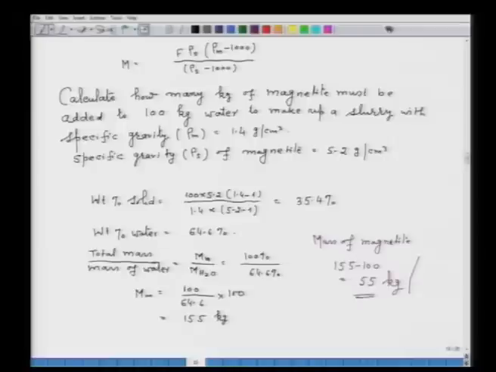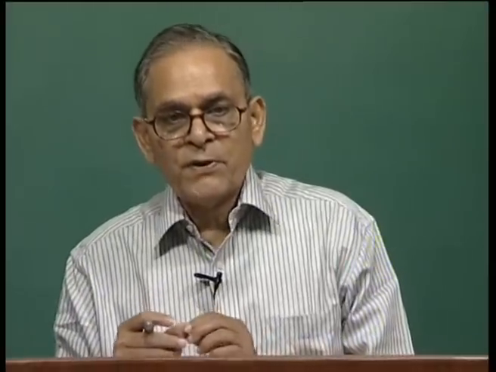That is the answer. That means I have to add 55 kg of magnetite in order to make a slurry of density 1.4 gram per centimeter cube, and this particular thing is often required for various mineral processing operations.